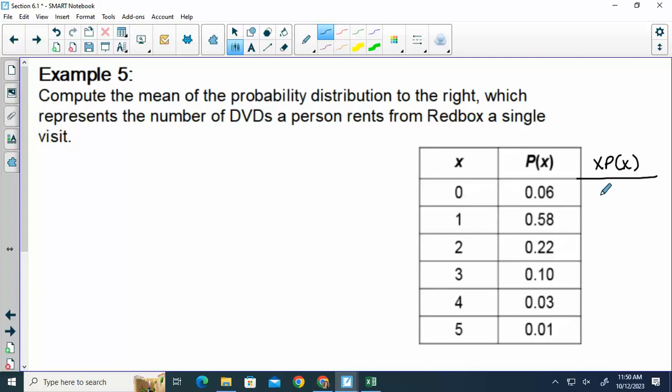So 0 times 0.06 is 0. 1 times 0.58 is 0.58. 2 times 0.22 is 0.44. 3 times 0.10 is 0.3. 4 times 0.03 is 0.12. 5 times 0.01 is 0.05.